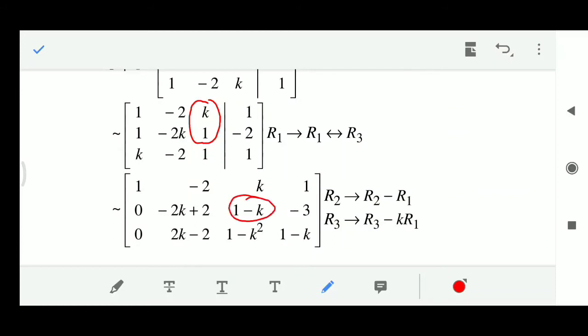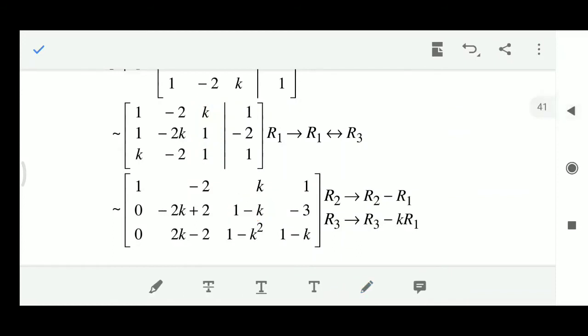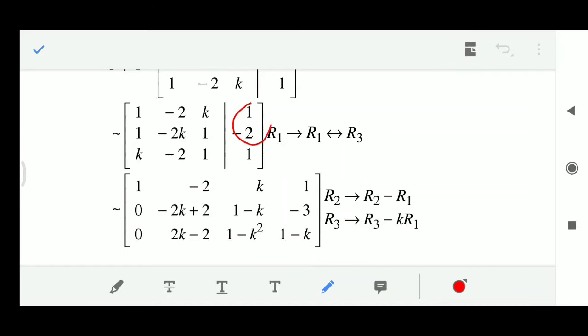Like that, R3 implies R3 minus k times R1. To make this third row first element k as 0, the transformation is R3 implies R3 minus k times R1. If you multiply this 1 with k, you will get minus k, and then the second element, minus 2 into minus k gives plus 2k, then the third one, k into minus k gives minus k square, 1 into minus k gives minus k.